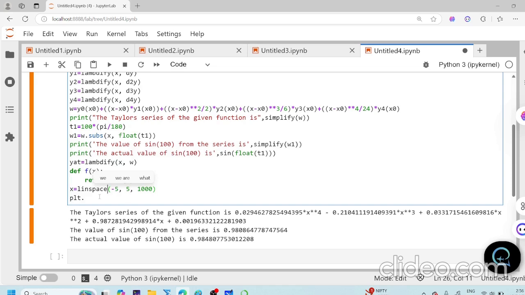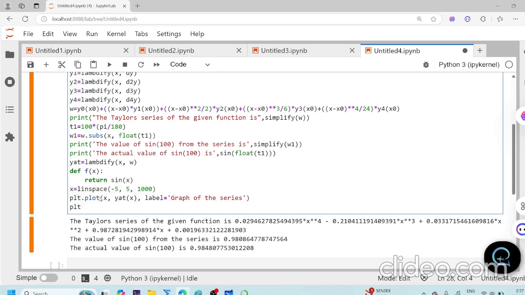Now plt dot plot x comma, the independent variable, then which function I have to plot, I write here. To identify which curve refers to which function, I should label it. So label equal to 'graph of the series'. You can write any sentence within single quotes; the same thing will be printed.